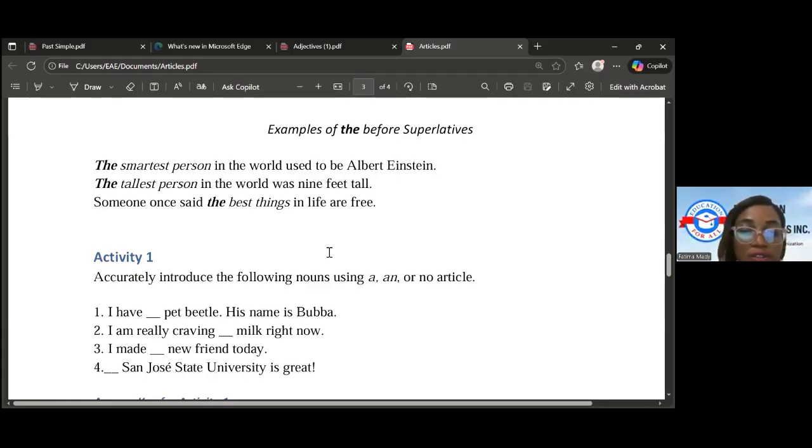Accurately introduce the following nouns using a, an, or no article. So there are some places where you're not going to put any article. I'll give you 3 minutes to do this little exercise and we move on. Is that okay? Yes. All right. So just take 3 minutes and do this exercise.